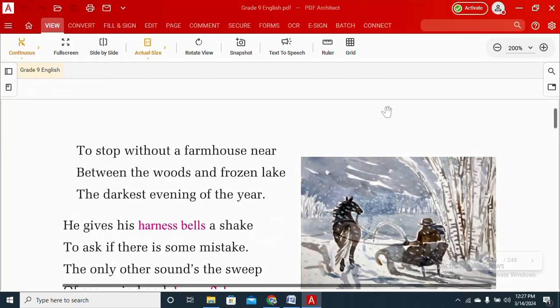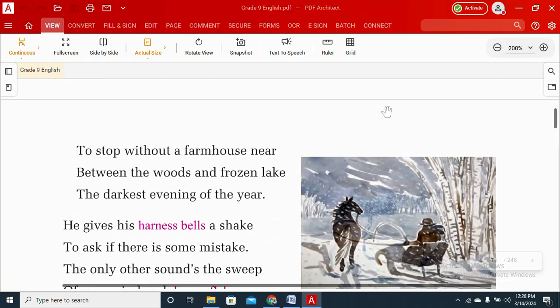At the same time, the speaker realizes that his little horse must be finding it strange, as he has stopped so far from any human civilization. There is no farmhouse close by, no human settlement, but his owner has stopped there. Seeing this, the horse can think it strange.